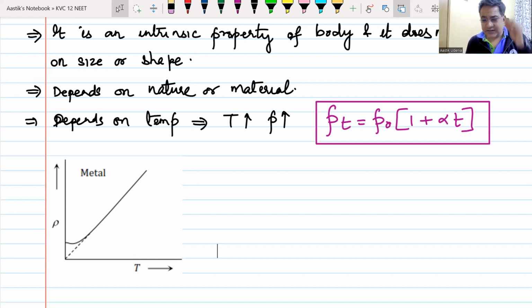As you can see, it is almost the same as a graph of resistance with temperature. Remember these graphs because I've seen questions where they have asked which graph refers to which type of body. So at that time, you must be good enough to remember these graphs.